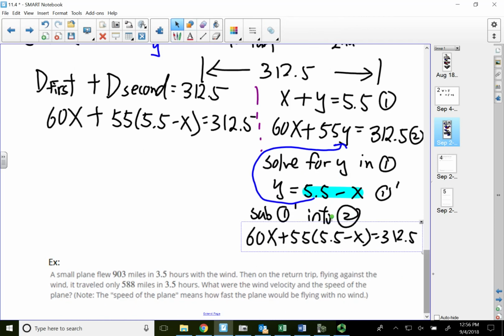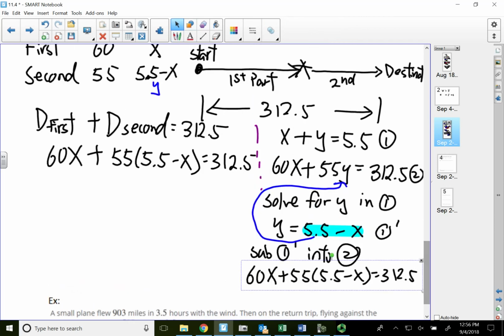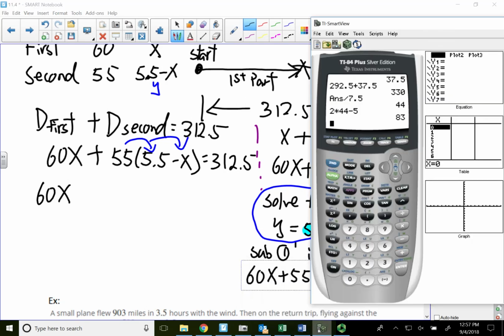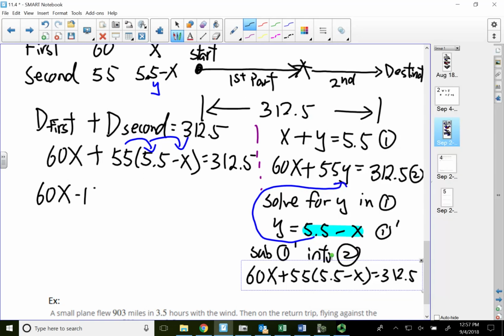All right, let's go back to my one-variable equation. It's the same thing. I'm going to do a distribution. So 60x, the first term, is still 60x. 55 times 5.5 is 302.5, minus 55x, equals 312.5.